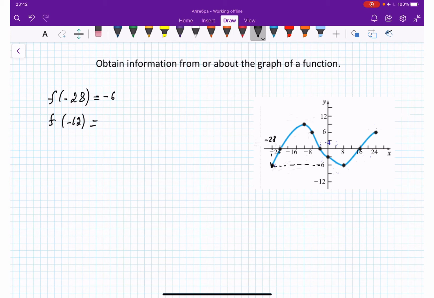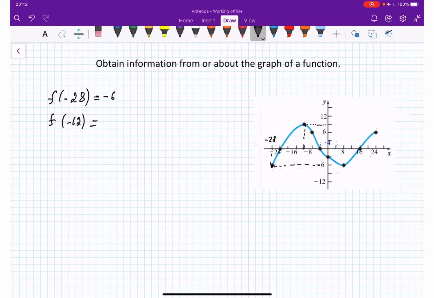Okay, next, negative 12. So negative 12, it's going to be right here, negative 12, right? And y is going to be, x-axis goes by 4, and y-axis goes by 3.